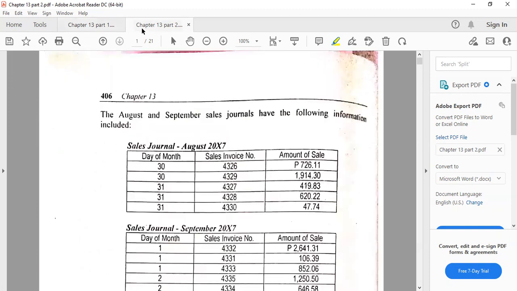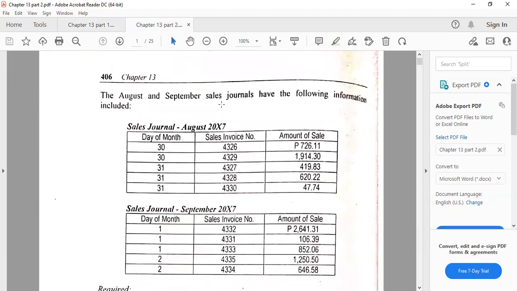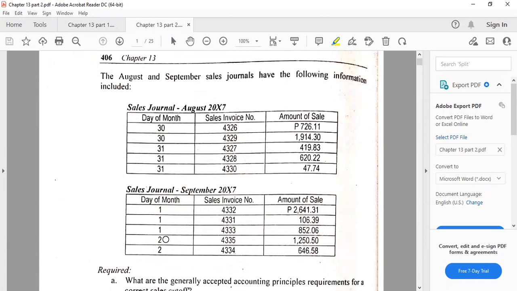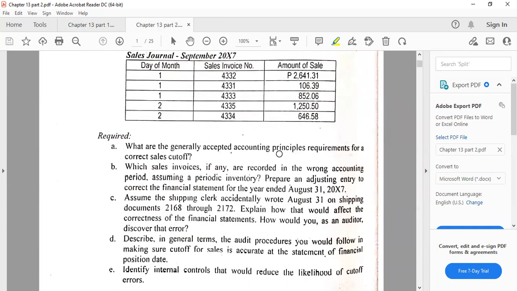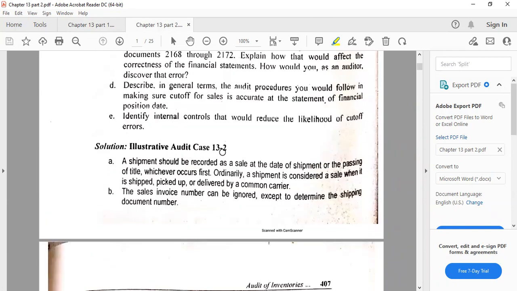I'm opening the second PDF. The August and September sales journals have the following information included: day of the month, August 30 and August 31, sales invoices; early September, September 1 to September 2, sales invoices with a corresponding amount of sale. First question, what are the generally accepted accounting principle requirements for a correct sales cut-off? And we answer that here.